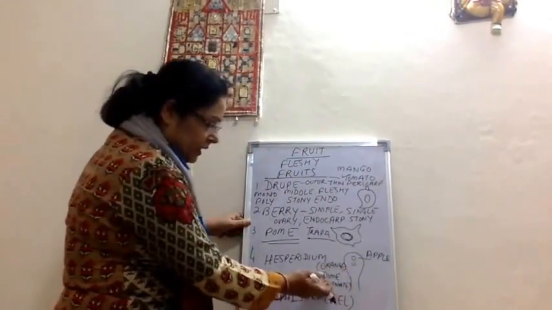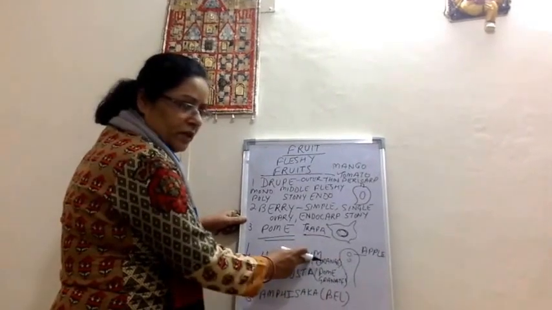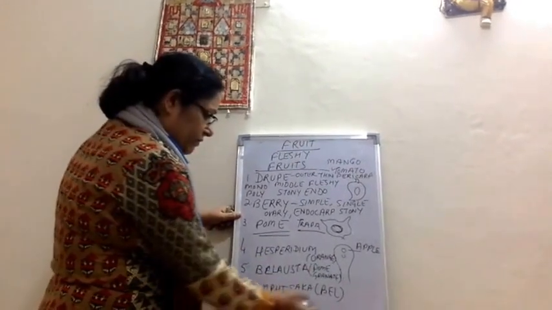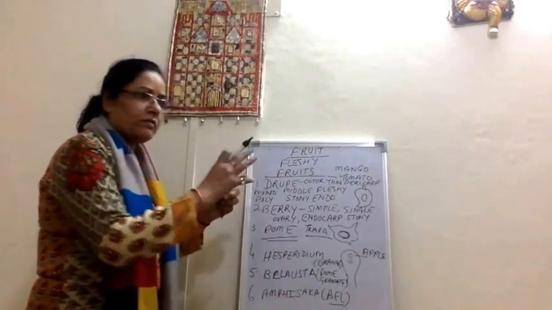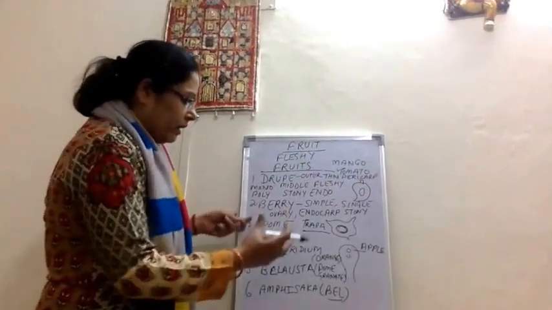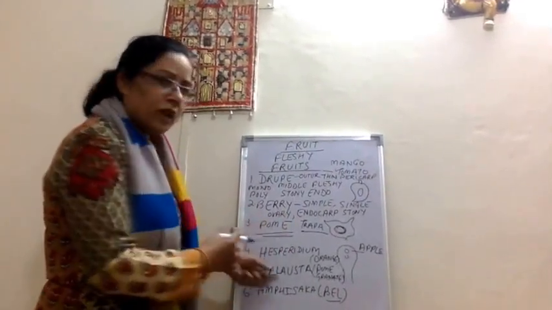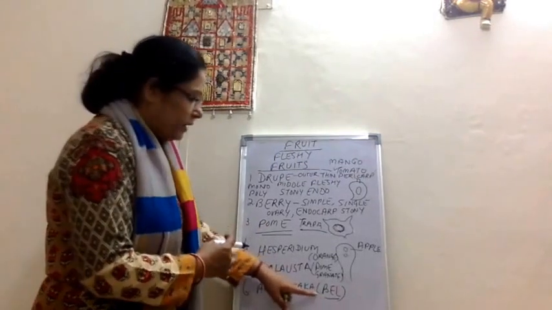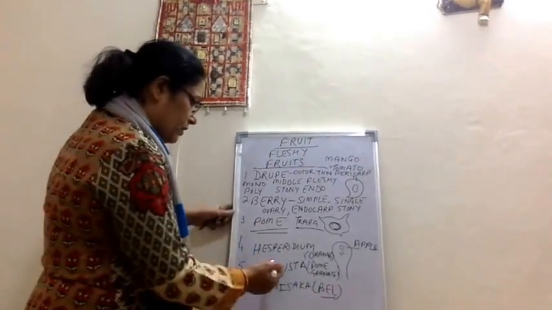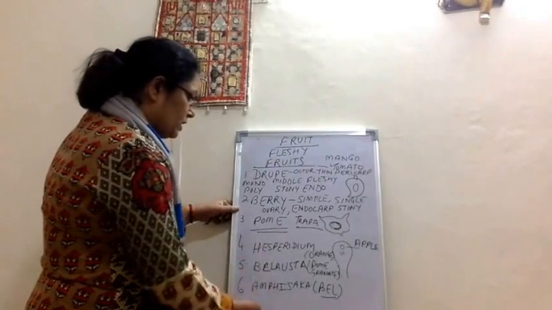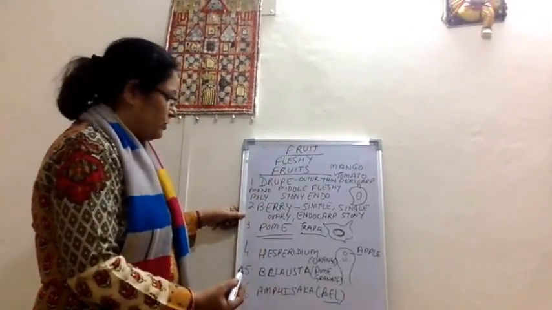The edible portion is the seed. In hesperidium the edible portions are fibers. And amphisarca as in bael. The outer covering is very hard, the pericarp is very hard, the mesocarp is fleshy, and the endocarp again stony. That's in bael. So these are the different types of fleshy fruits.